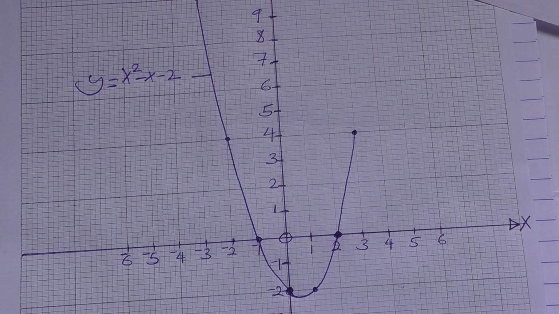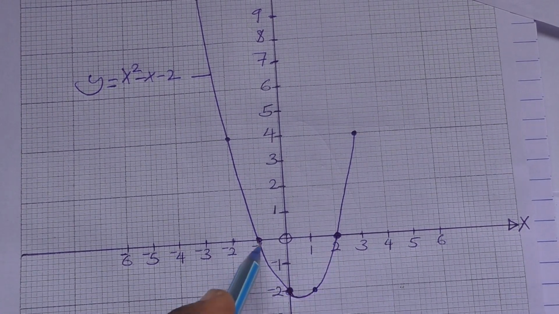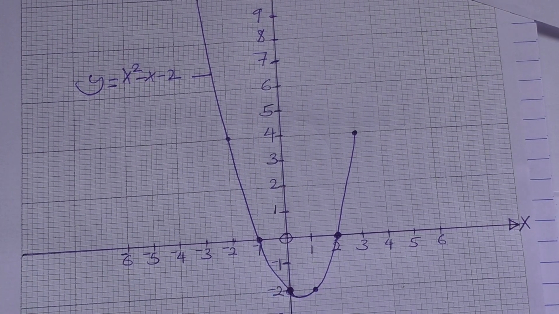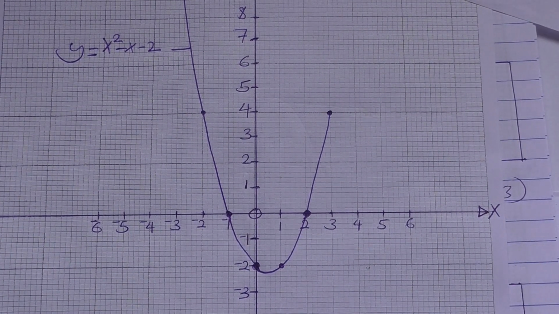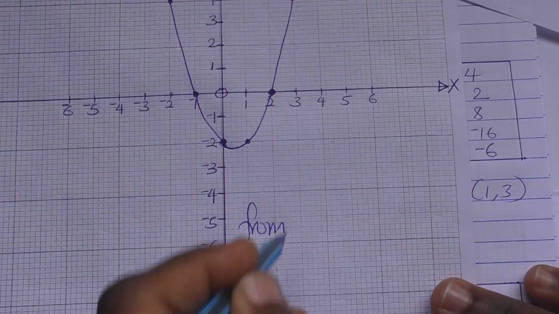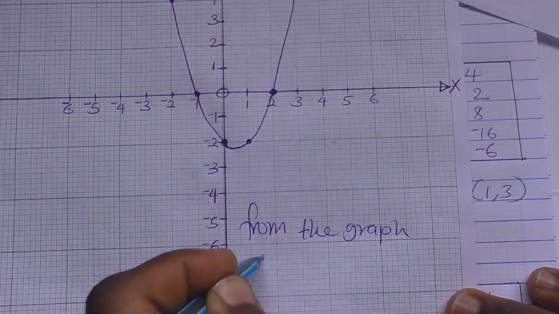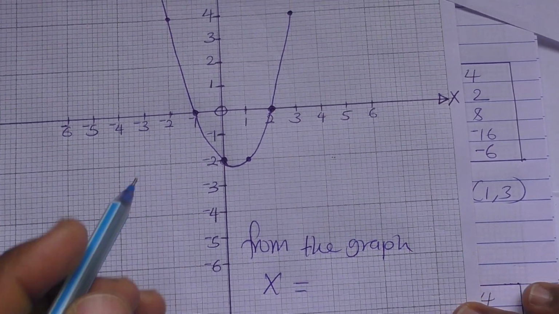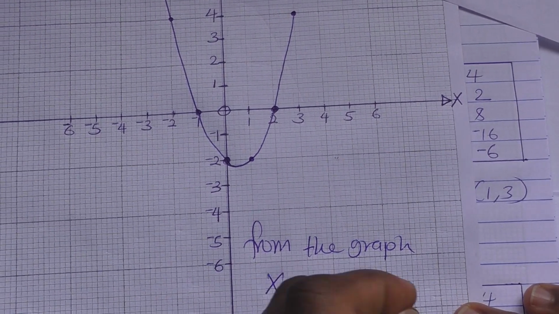And now, where the curve cuts the x-axis are our answers, or the solution to the equation, and therefore we say from the graph our x values are negative 1 or 2.